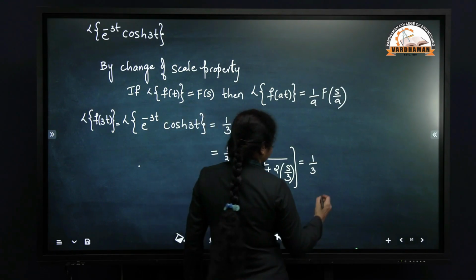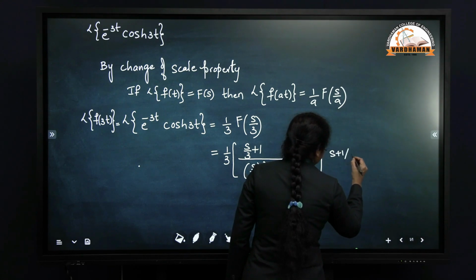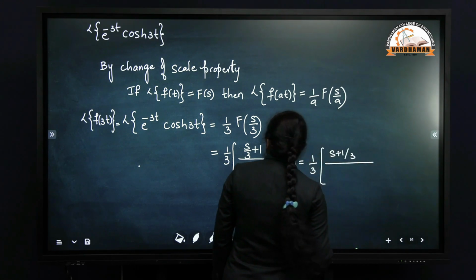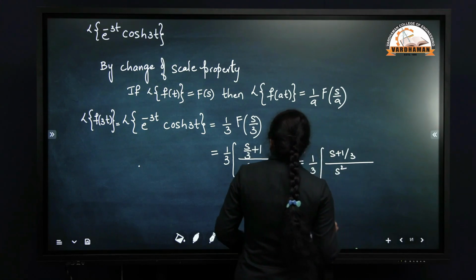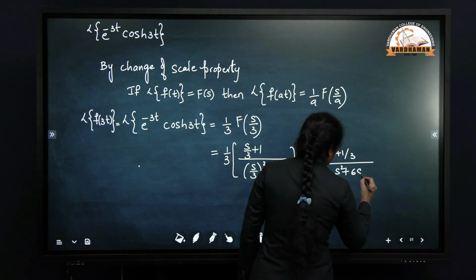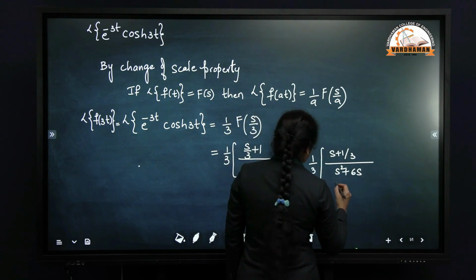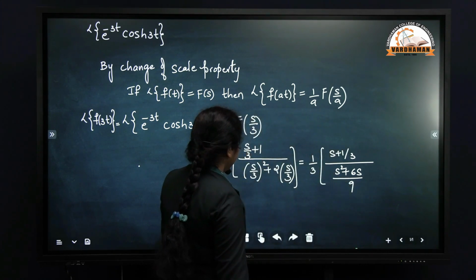So simplification of this term gives 1 by 3 into s plus 1 by 3 divided by s square plus 6s by 9.